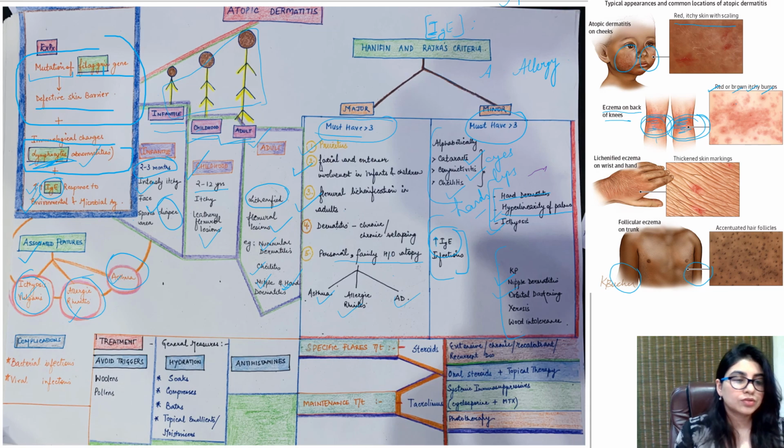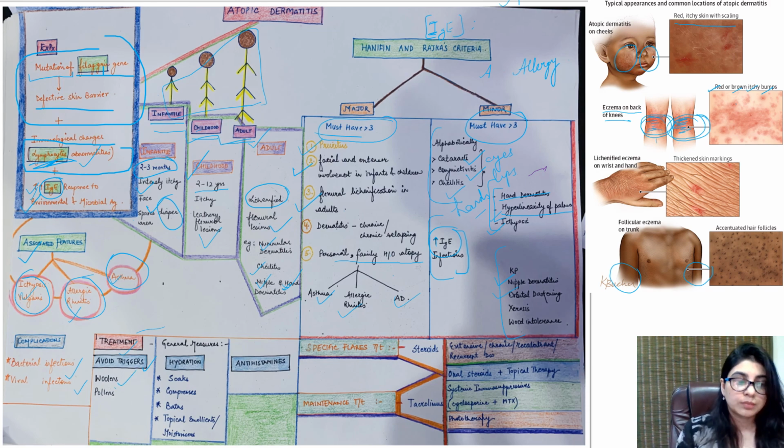Of course, when there's a lot of scratching, lots of seeping, there's bacterial infection and viral infection, and immunity is also compromised. Then also bacterial and viral infection will happen. Treatment. First of all, avoid triggers. Do not scratch.